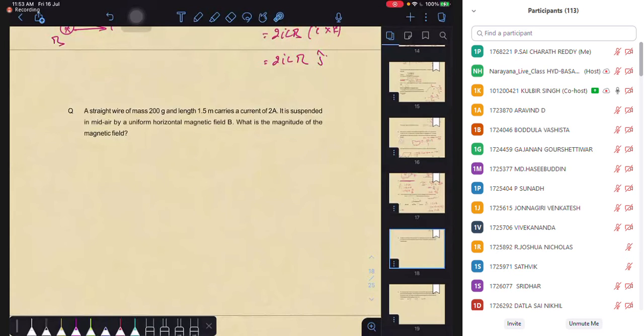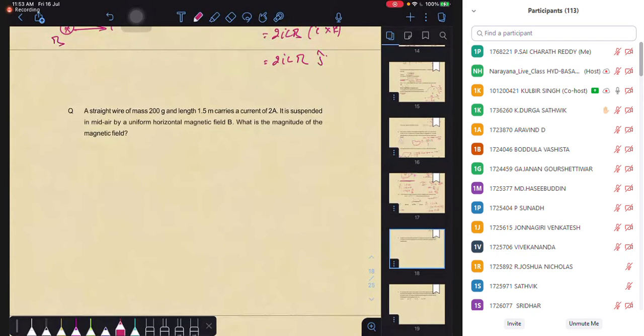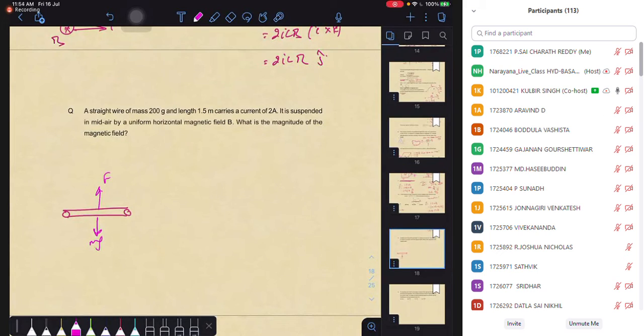He's asking the value of the field required. It is possible here. If I consider directions, if my magnetic force is exactly opposite, it is possible to cancel out.